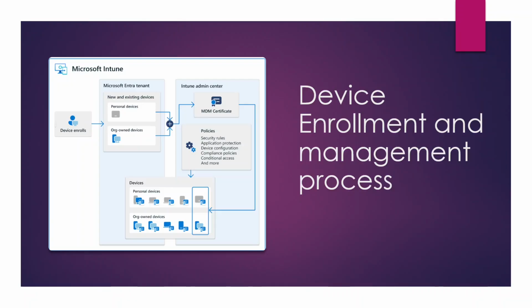The result is that both personal and corporate owned devices can appear in the Intune Admin Center where the administrators can monitor and manage them. However, the amount of control Intune has on these devices depends on the enrollment method that was selected.